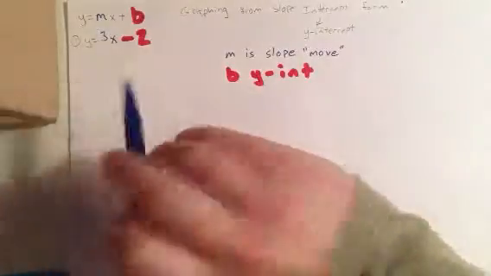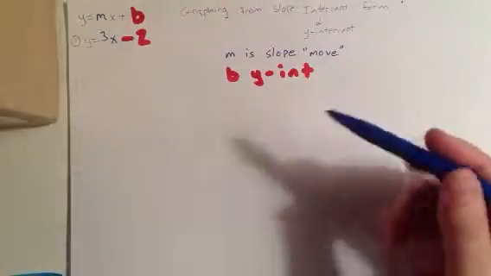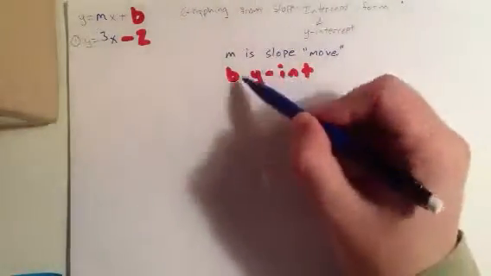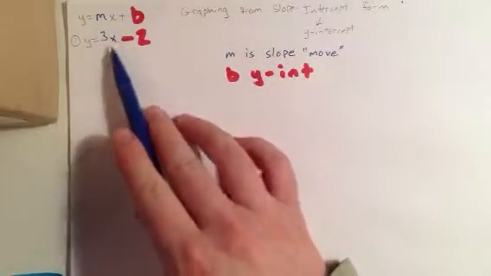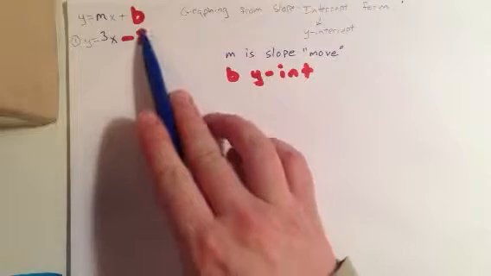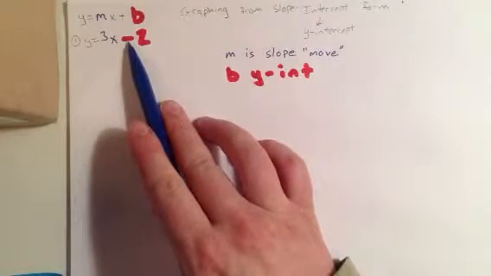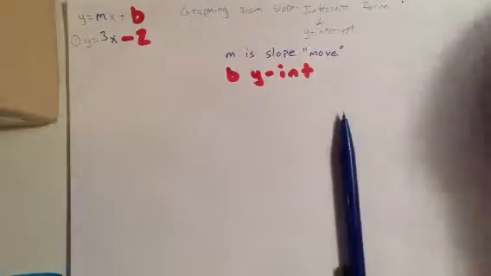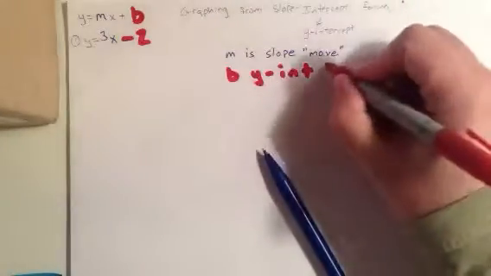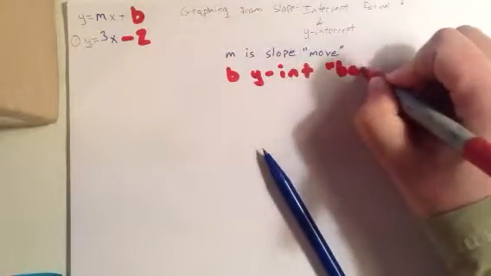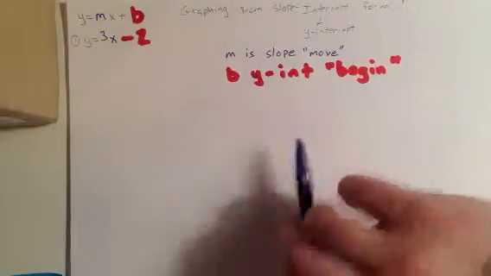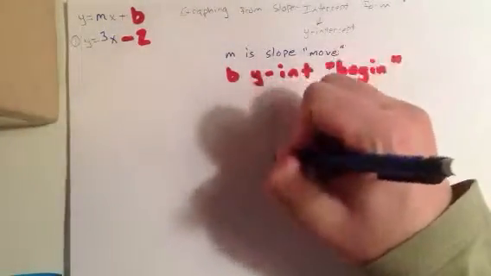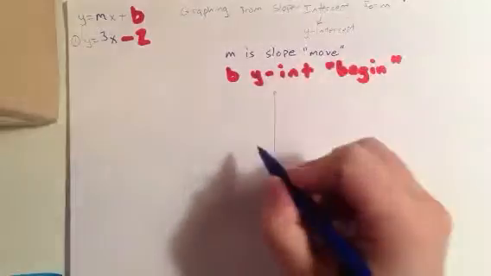So if I'm trying to graph something like y equals 3x minus 2, these are the two things I need. I need to identify the slope and identify the y-intercept. So here, my y-intercept is going to be negative 2. The first thing I'm going to do is begin on the y-axis, so the b.